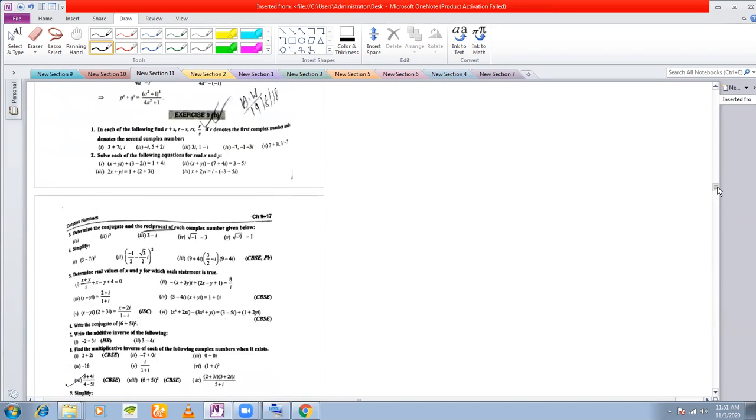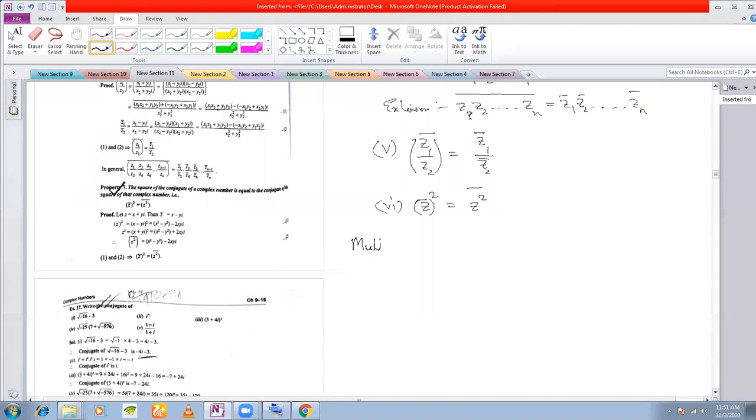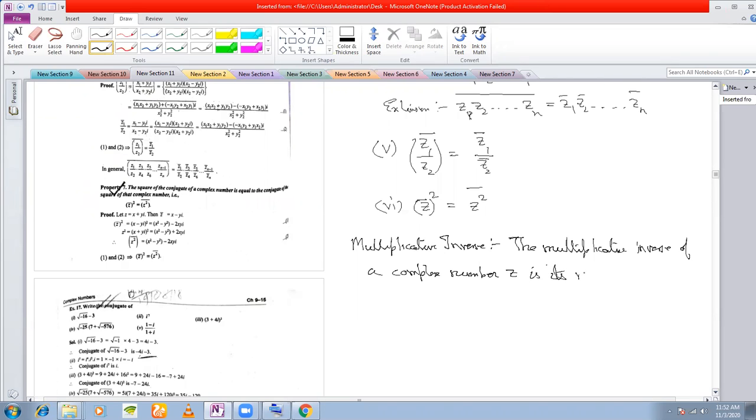Okay, one more concept is left, that of multiplicative inverse. Okay, the multiplicative inverse of a complex number z is its reciprocal.